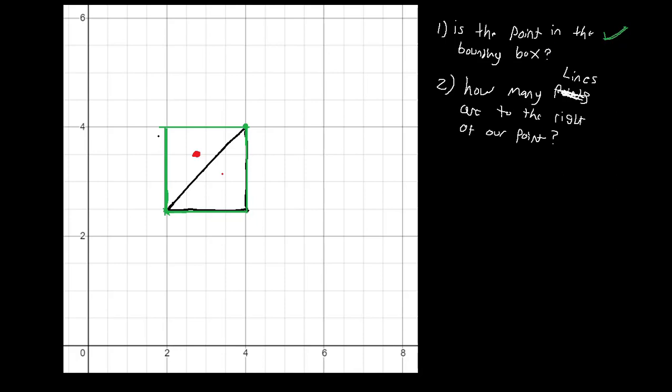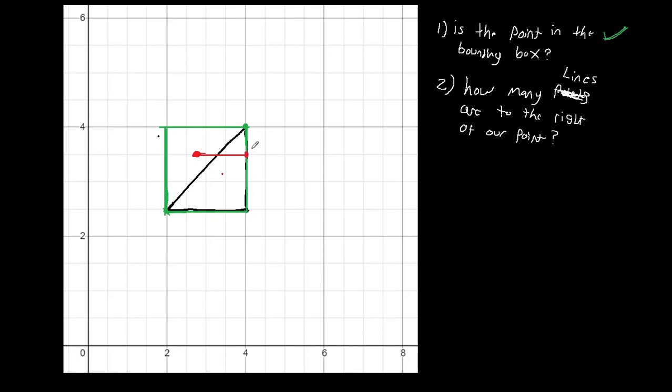All right. And so what we did before, and we're going to do this again, we're going to draw a horizontal line from our point all the way over until we hit that x max vertical line.